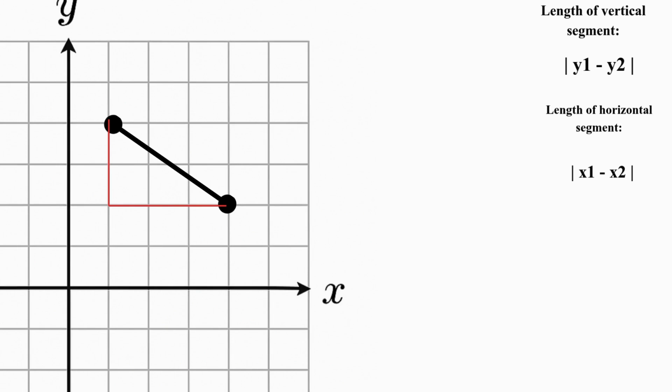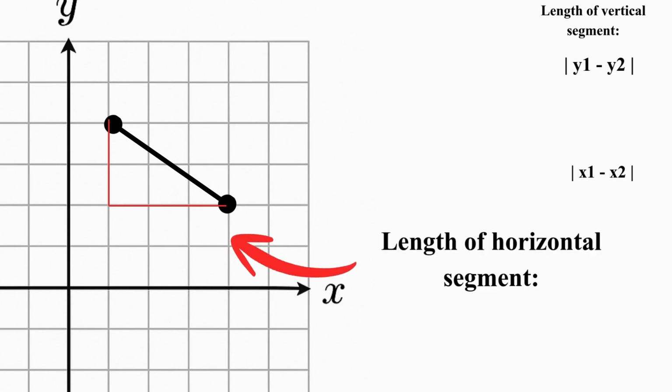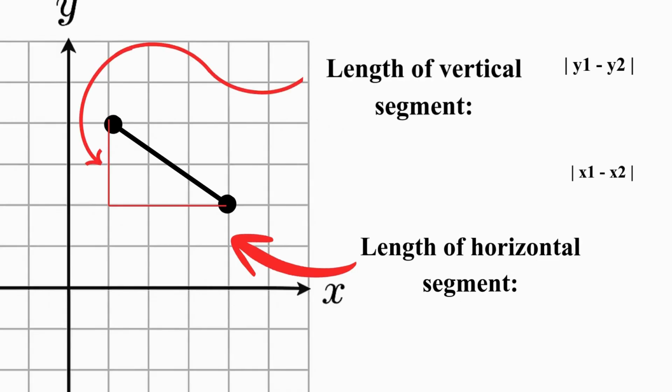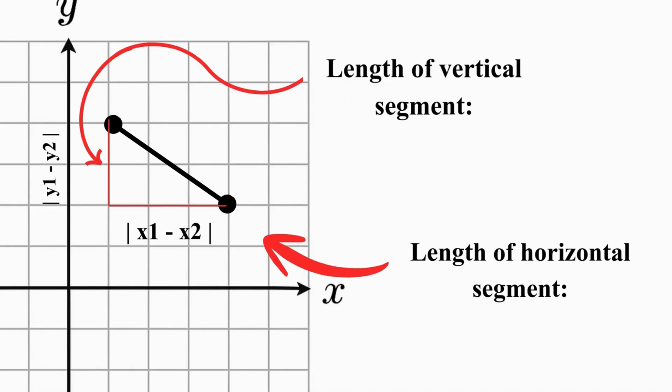So now we know the length of the horizontal line segment, and we know the length of the vertical line segment. The length of this bottom segment is just the absolute value of x1 minus x2, and the vertical line segment is just the absolute value of y1 minus y2.